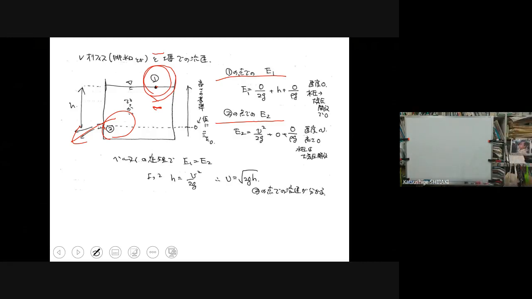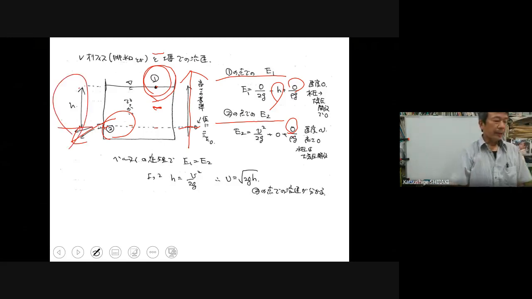So number 2's pressure is 0, and number 1's pressure is 0. That is the same atmospheric pressure. For easy understanding, the position is set at 0 at the height of number 2. So number 1's height is h, and number 2's height is 0.